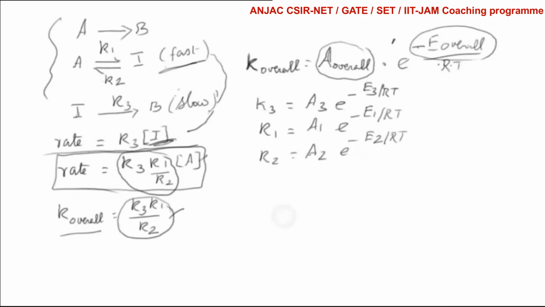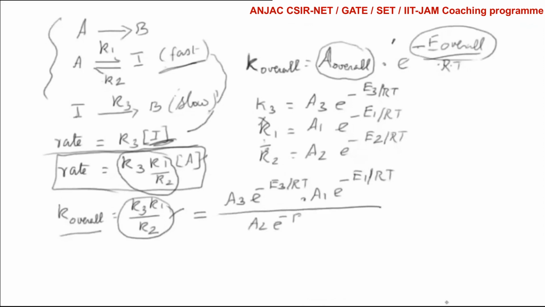Therefore, you should multiply K3 into K1 and divide it by K2. If you substitute, you get K overall equal to A3 e power minus E3 by RT into A1 e power minus E1 by RT, divided by A2 e power minus E2 by RT.